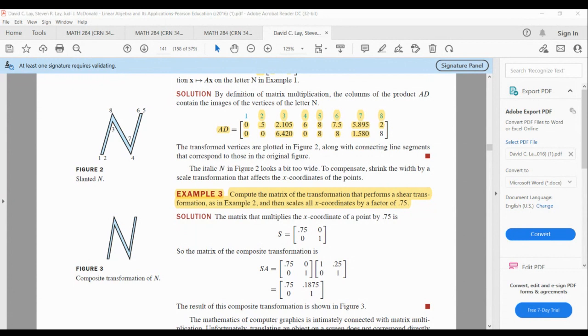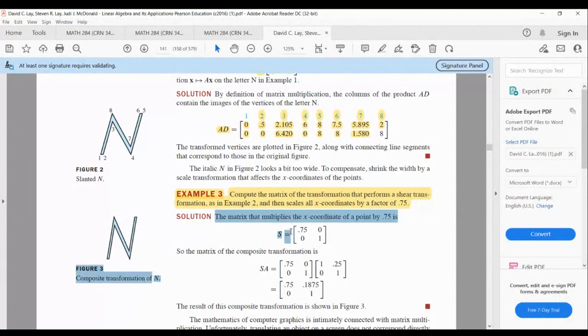So effectively, it's like you're taking the x coordinates and bringing them closer to the origin. You're shrinking the x coordinates towards the origin. You're making the x coordinates smaller, and that's going to effectively cause the letter N to be thinner, and it is thinner. So what matrix would do that?